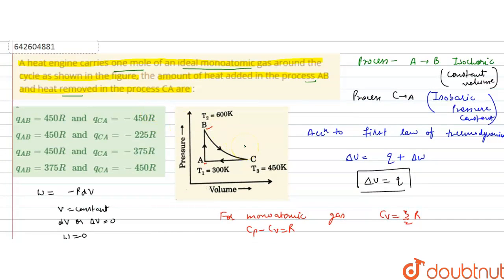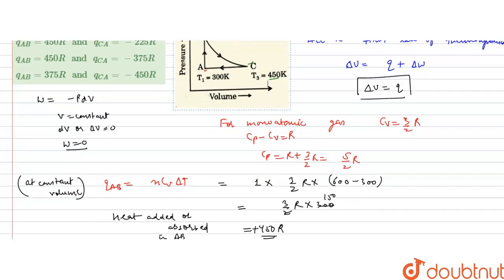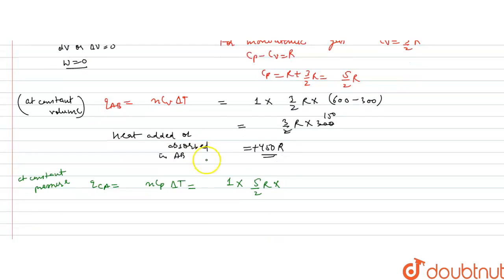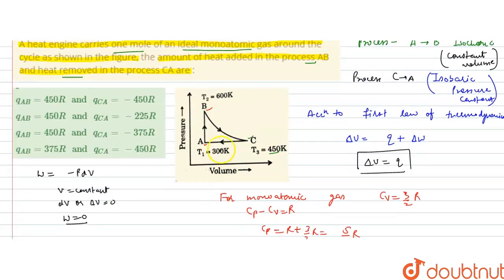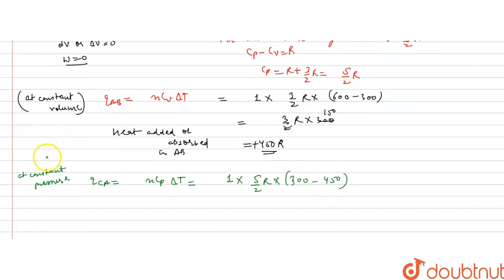The temperature at C is 450 Kelvin and at A it is 300, because the process is from C to A. For the CA process we have to find the amount of heat that is released.